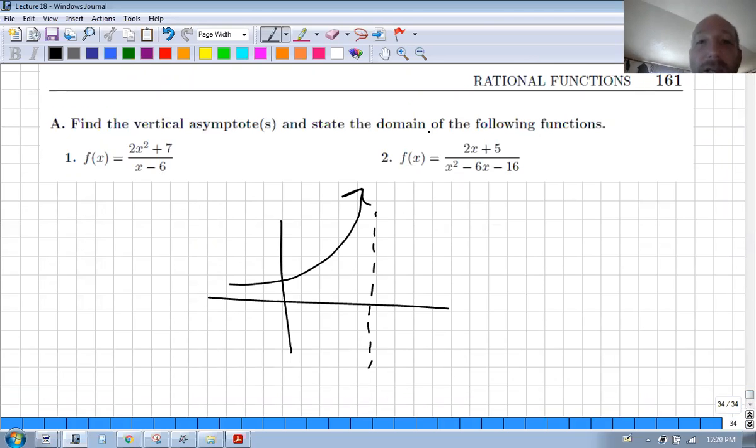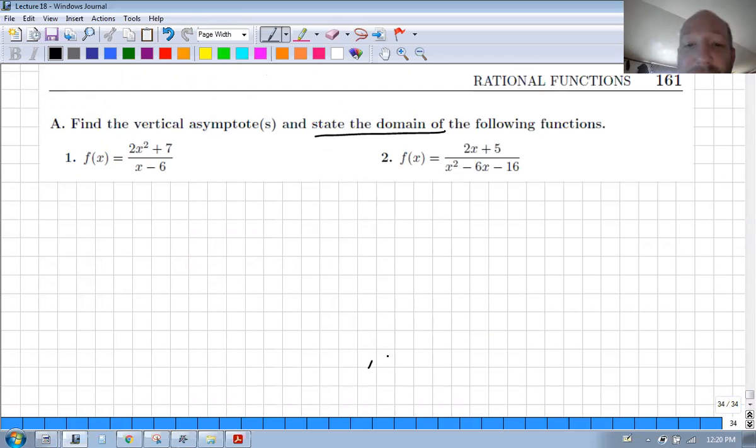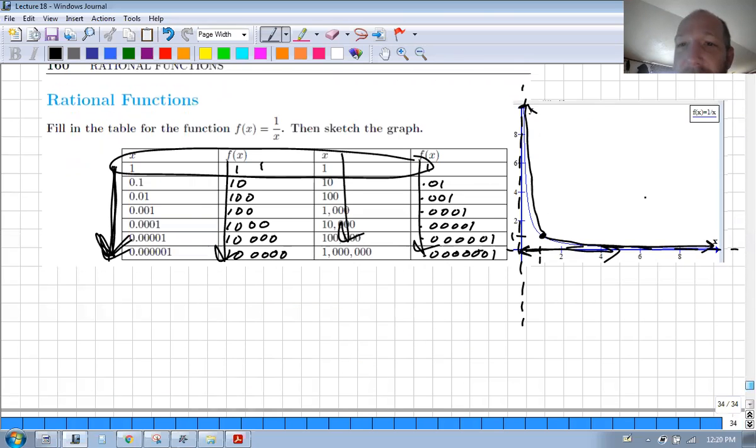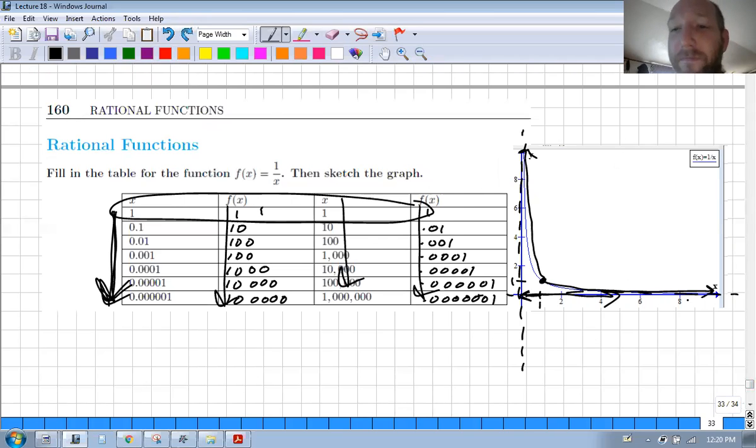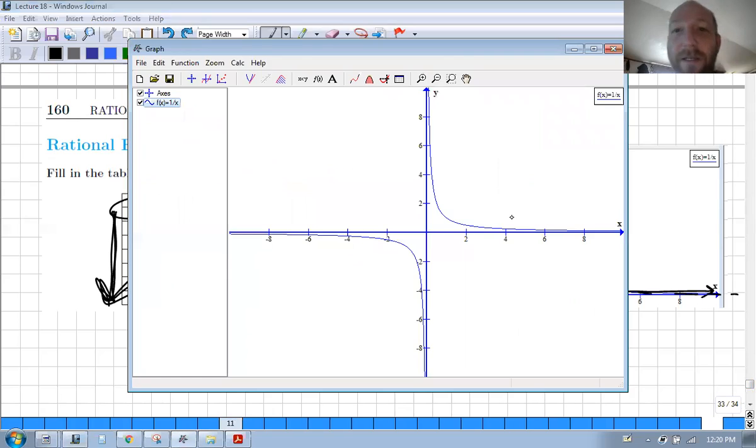Let's look at the domain. The domain, remember, is how far it goes right and left. Let's look at the whole function, all 4 quadrants here. Sure, it goes infinitely to the right and infinitely to the left.